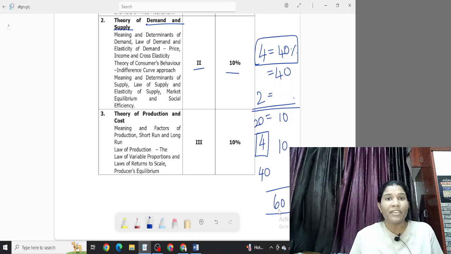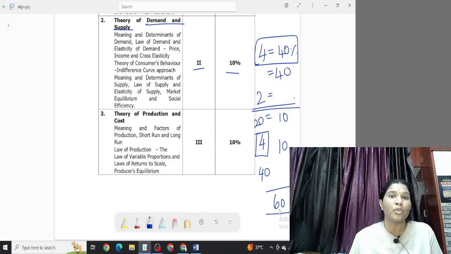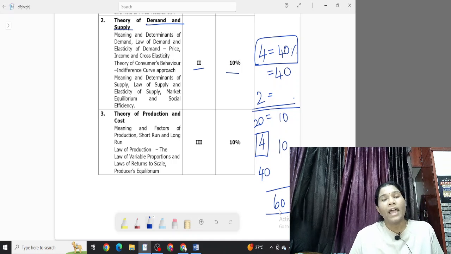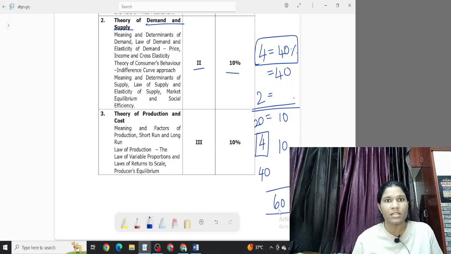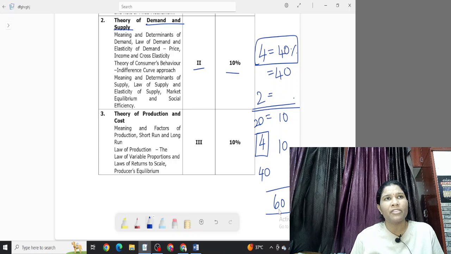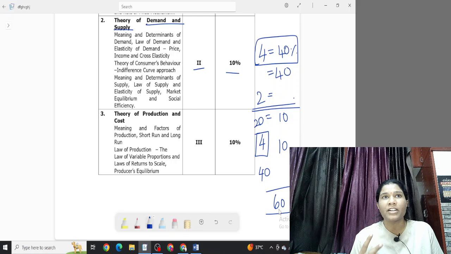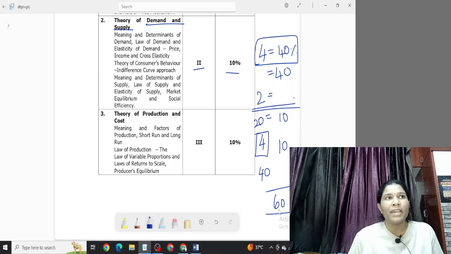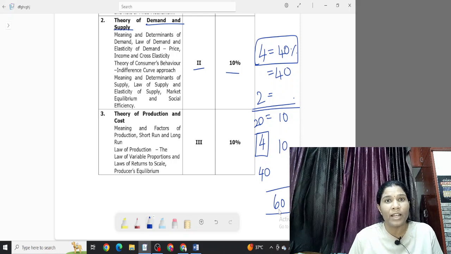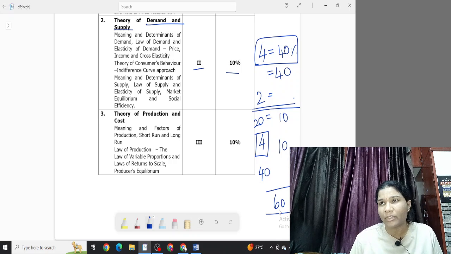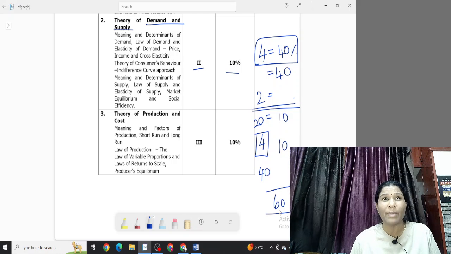Because time is a very limited constraint, and you're preparing all 4 papers, and when it comes to the 4th paper, especially when it is MCQ, when the exam date is nearing, obviously we will be confronted with the fear that maybe we have not prepared well, maybe we will write the exam next time, or maybe I have only completed 2 to 3 chapters, with this will I be able to pass?